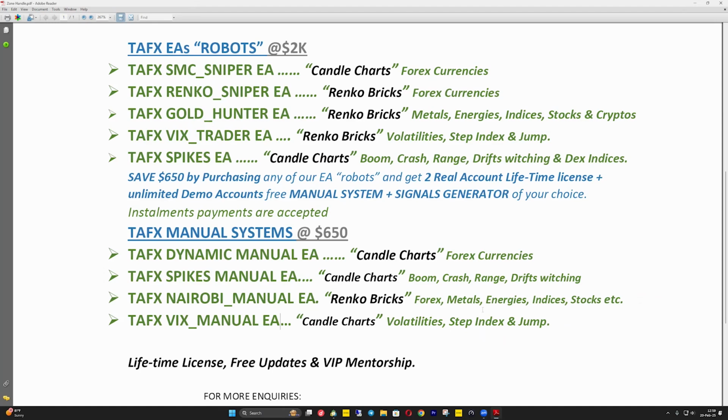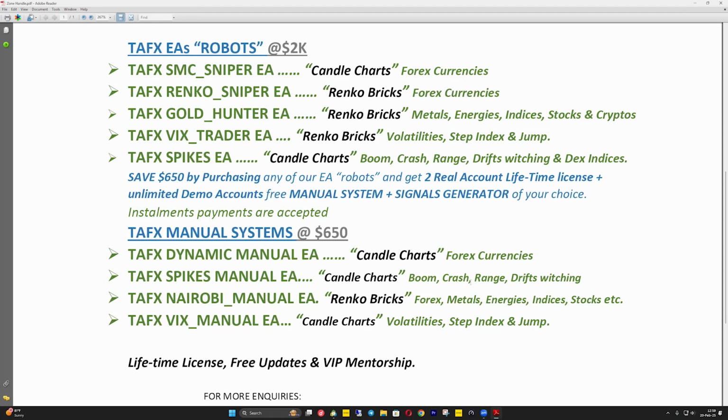The only manual part you do is to place the order manually, but all analysis and all signals are generated by the EA automatically. So you don't have to waste time trying to analyze the market. Everything will be done by the EA. That's why it's a manual with the EA.